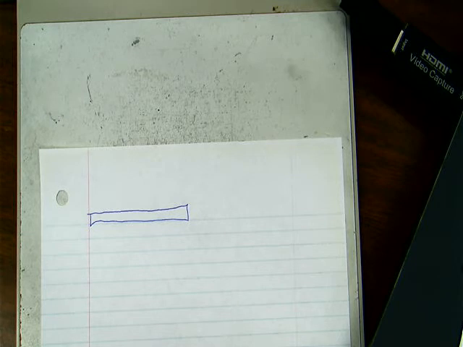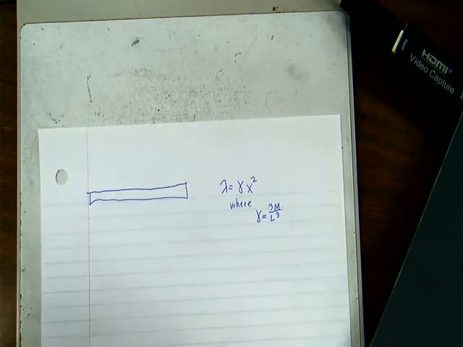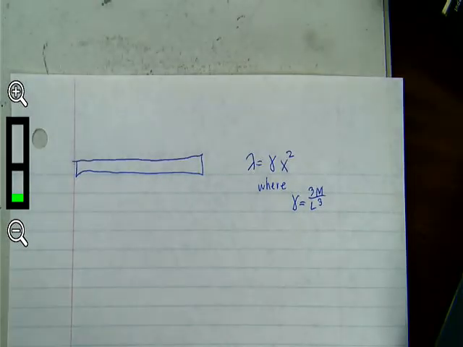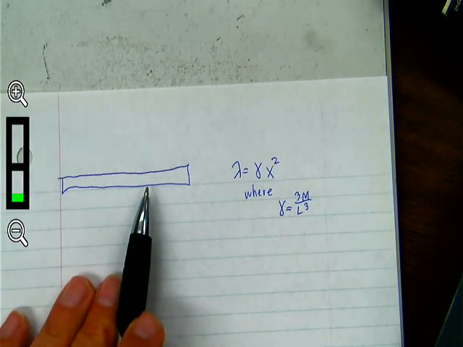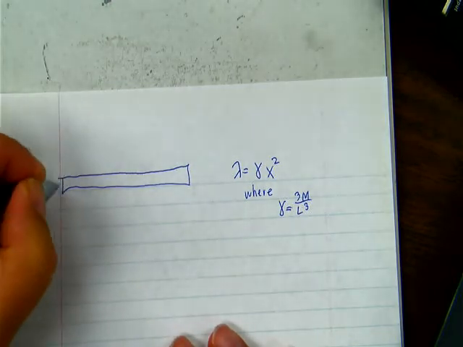Okay, so I just looked it up. On the AP Free Response 2021 Set A, they gave a problem that said, what if the linear mass density is not a constant, but varies depending on the value of x?